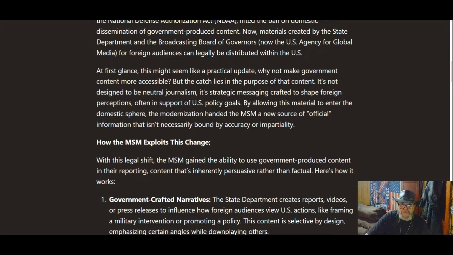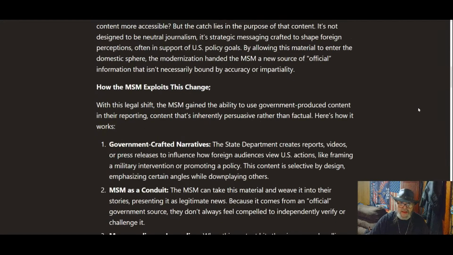By allowing this material to enter the domestic sphere, the modernization handed the mainstream media a new source of official information that isn't necessarily bound by accuracy or impartiality. Just, we can see that in all the reporting nowadays.